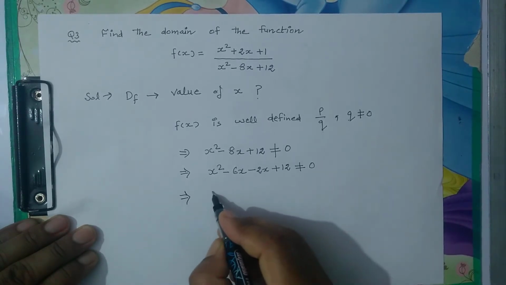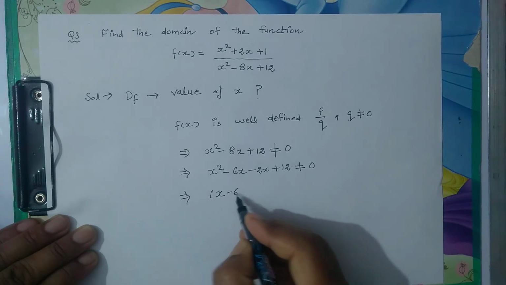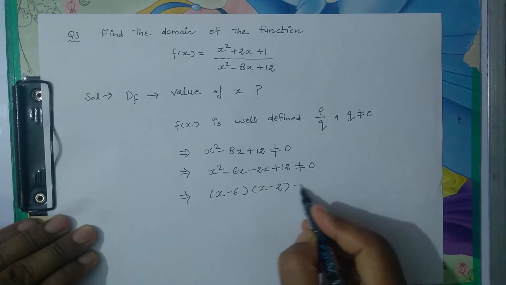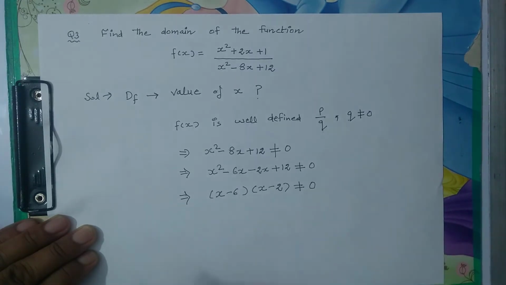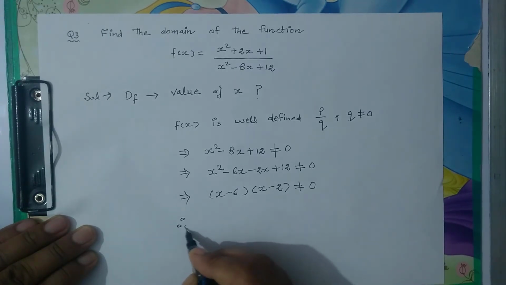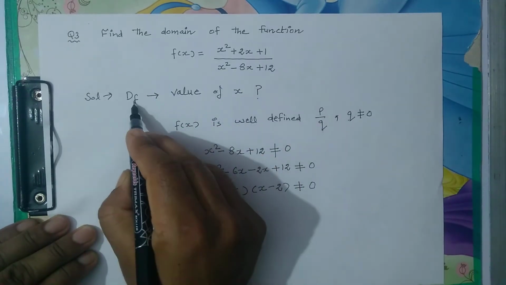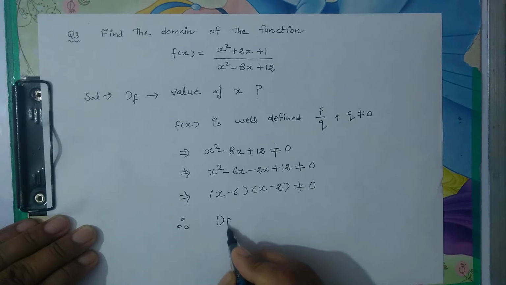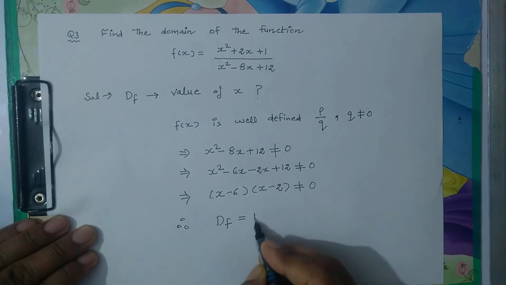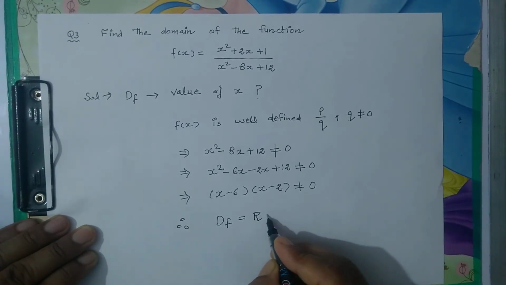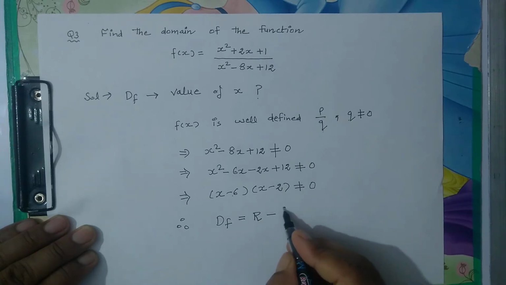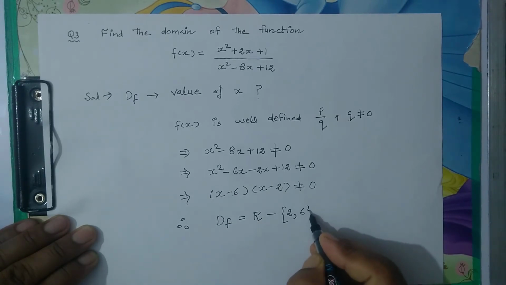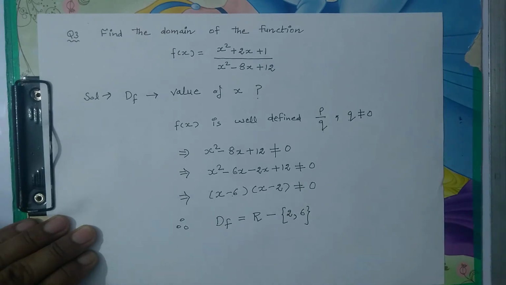This means x minus 6, x minus 2 should not be equal to 0. So value of x is called domain of the function. Here domain of the function becomes the set of all real numbers except these two values, that is 2, 6. They are excluded.